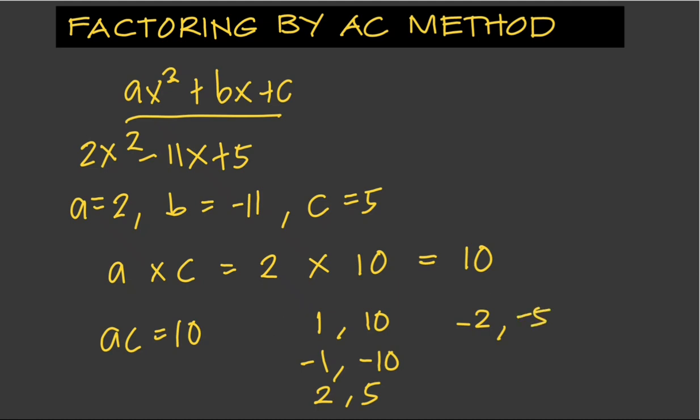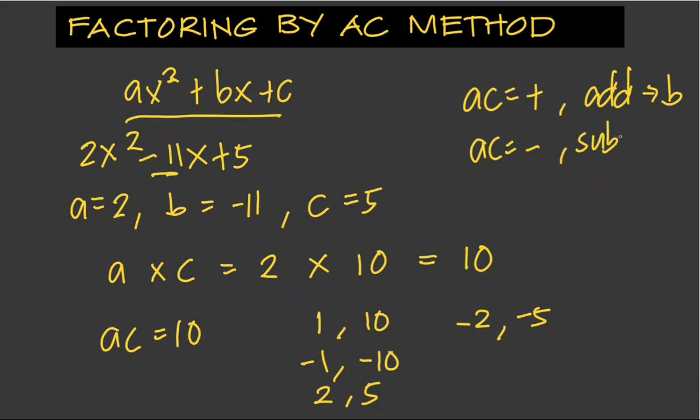It could be any of these four pairs. If AC is positive, then we add the factors to form the coefficient of the middle term, which is negative 11 in this case. If AC is negative, then we subtract the factors to form the number B, which is the coefficient of the middle term.